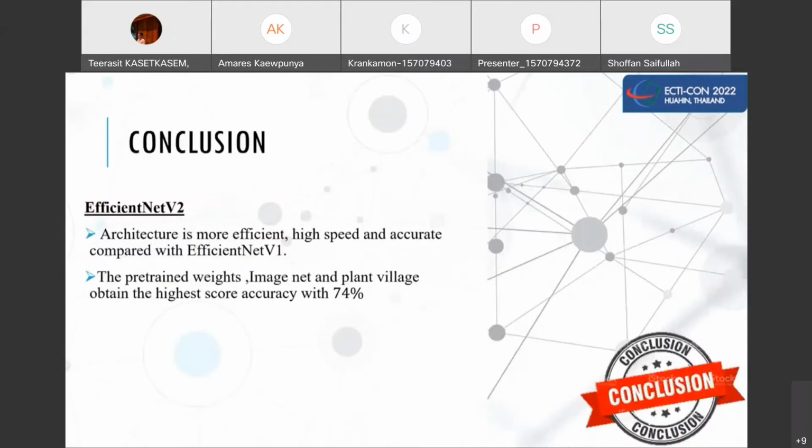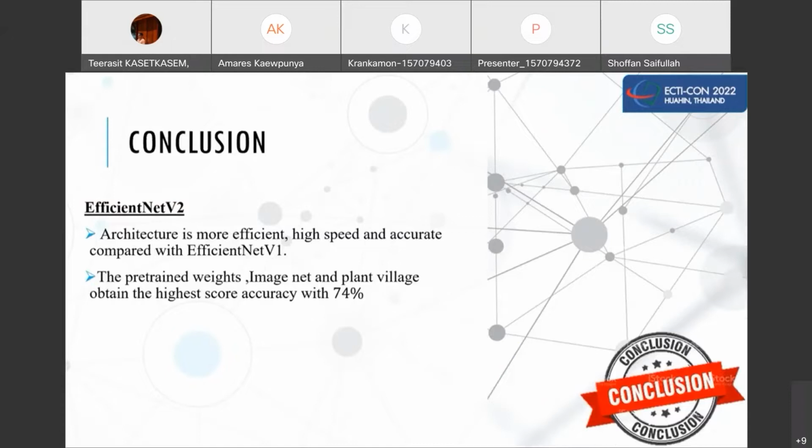As a conclusion, we can say that the upgraded EfficientNet, which is the EfficientNet V2 architecture, is more efficient, higher speed and accurate compared with the EfficientNet V1. Besides that, the pre-trained weights also influence the accuracy score in the experiment.